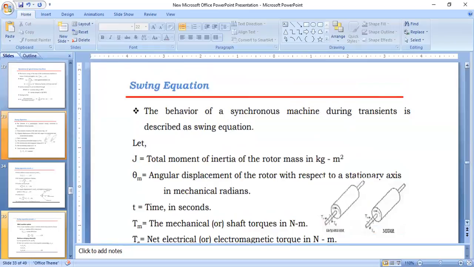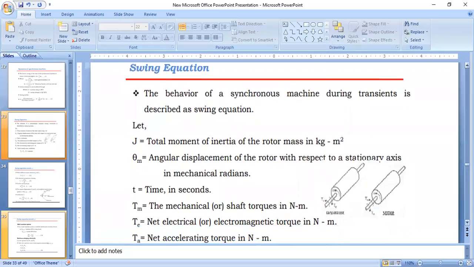Now the swing equation. The behavior of the synchronous machine during transients is described by the swing equation.